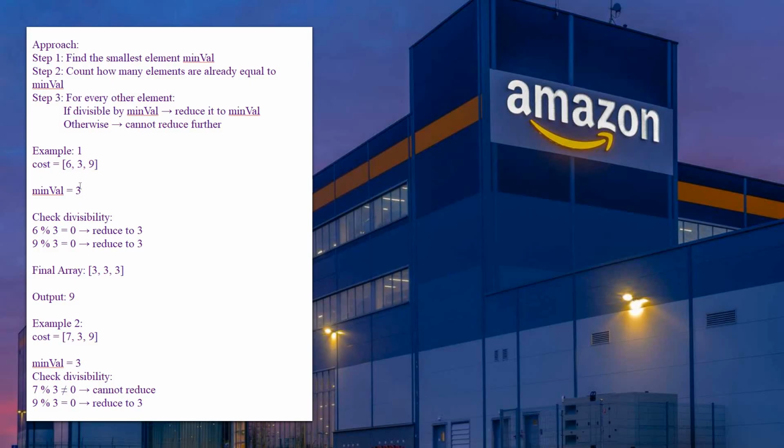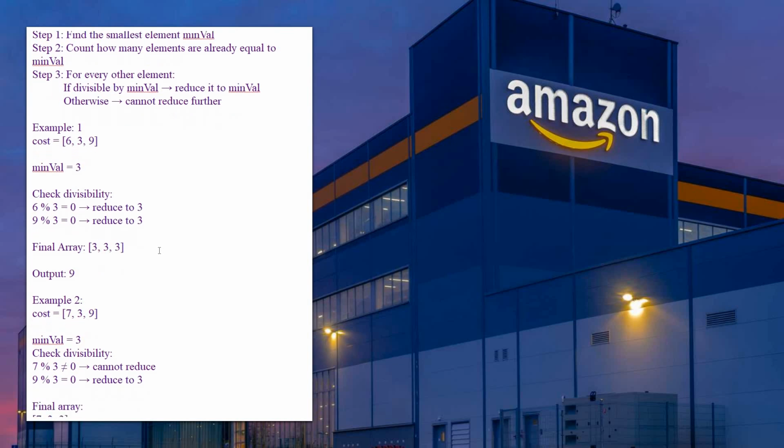You shouldn't consider 3 because it is the minimum value itself. Then for 9, 9 is divisible by 3, so the remainder is 0. So you replace those elements with the minimum value, which is 3. The final array will be 3, 3 and 3, and the total sum is 9. So the output will be 9.